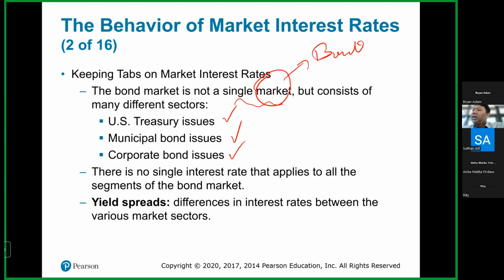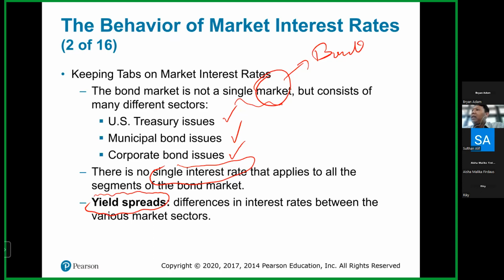There is no single interest rate that applies to all segments of the bond market. Because we have different types of bonds with different segmentations, there is no single interest rate that we can use to evaluate all of the bonds available in the market. In that case, we will use what we call the yield spread. So what is the yield spread?